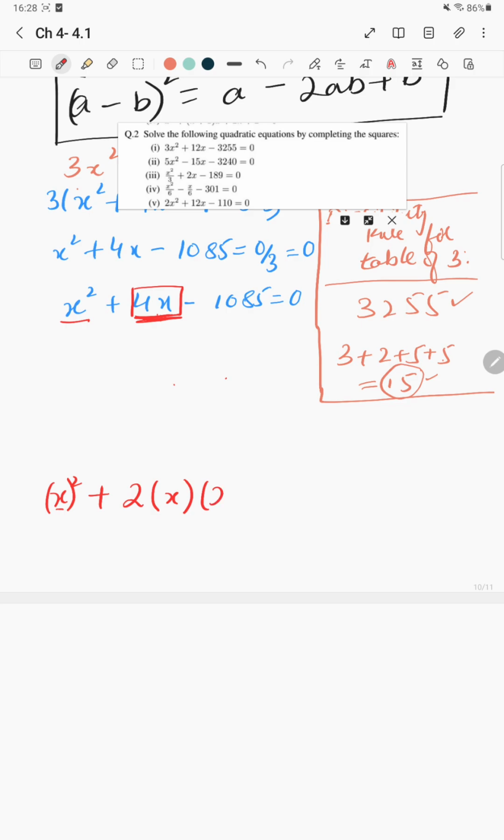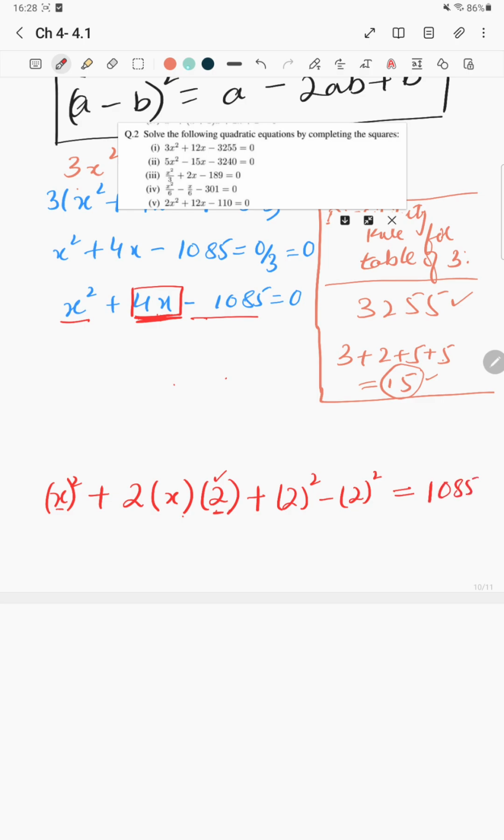I have to write b as 2, because if I write 2, I will get 2 times 2 is 4x, and I will get this answer. Now what is b? B is 2. I need b square, but I don't have any b square in this question. So I will add b square myself, and I will subtract b square myself. And in the last is minus 1085. Let's take it to the other side. It will get plus 1085.